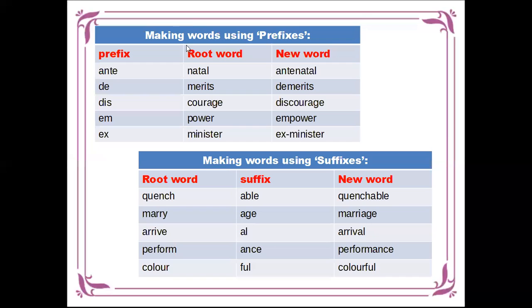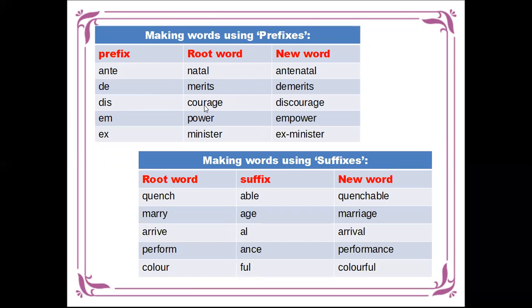So we can see how we can make words using prefix. Making words using prefix. Here prefix anti. What is the root word? Natal. So we can add it to the beginning of the word, that is antenatal. Merits is a root word, and if we add prefix de, we can get a new word demerits.